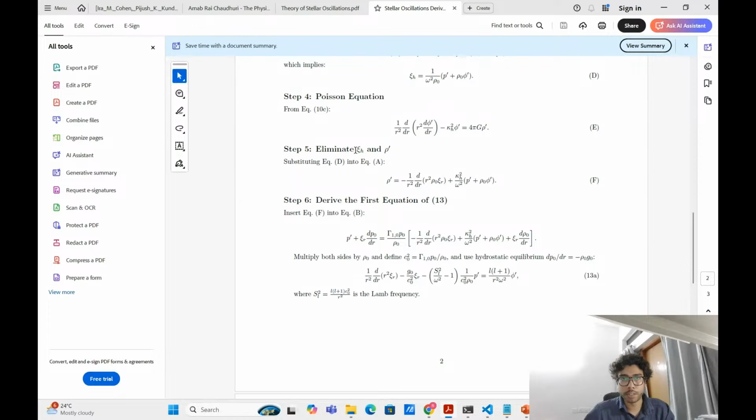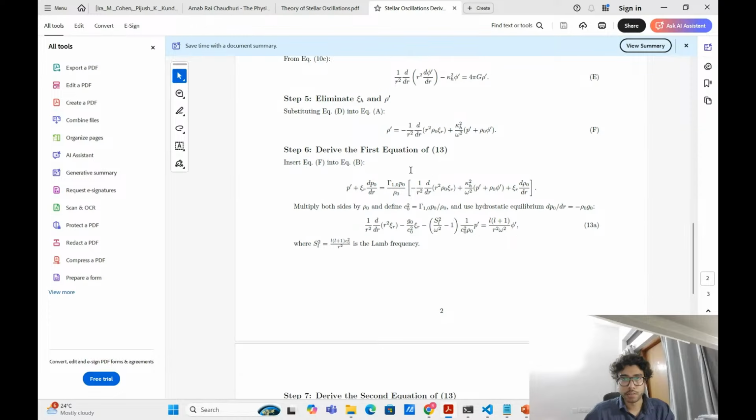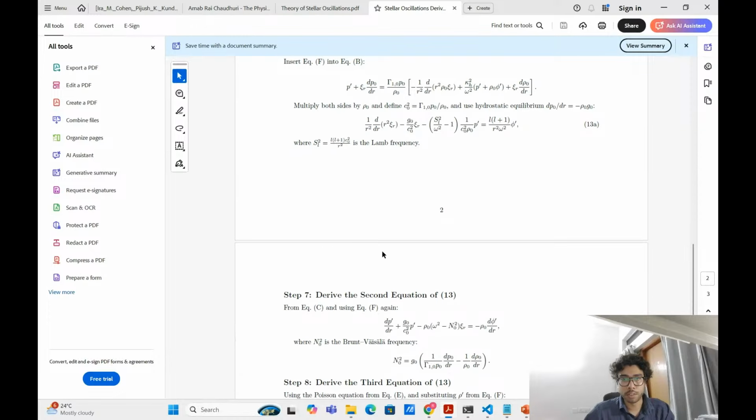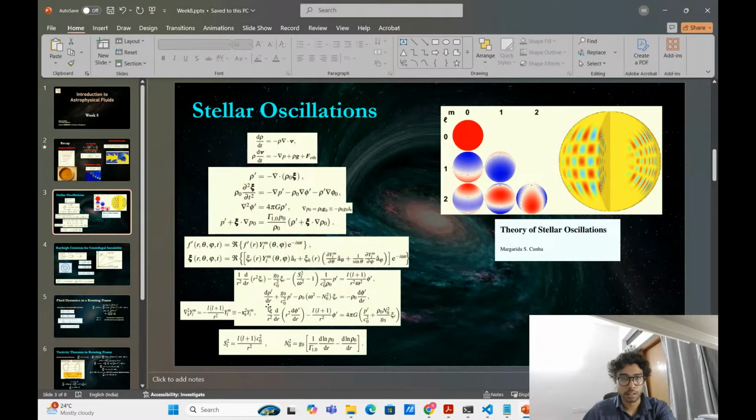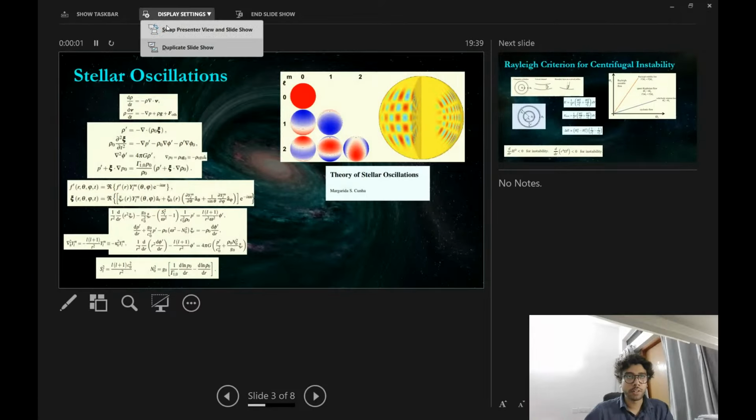And finally we eliminate this epsilon h and rho prime using this, and we do some calculations, and finally we obtain this equation. So this equation is basically similar to the last equation that we are seeing over here, right? So you can go through the derivation.